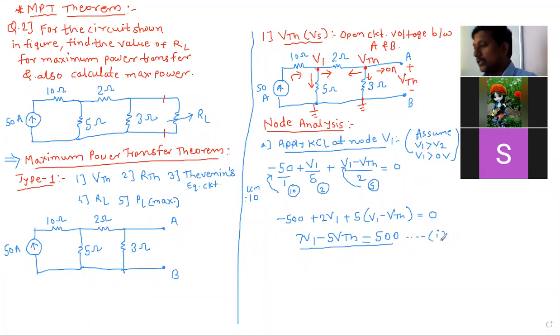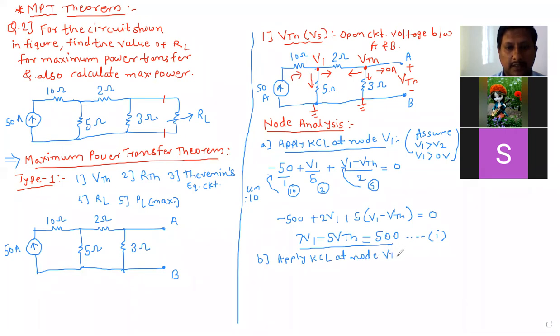Again apply the KCL at the second node, at node VTH.